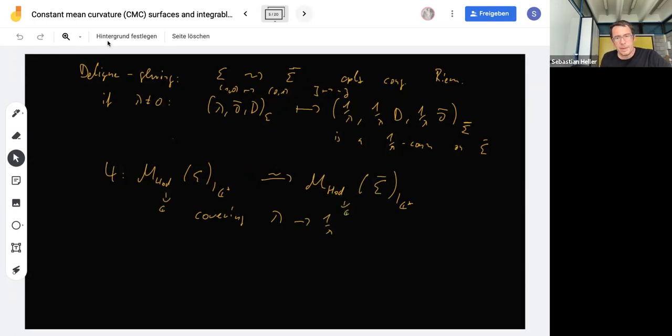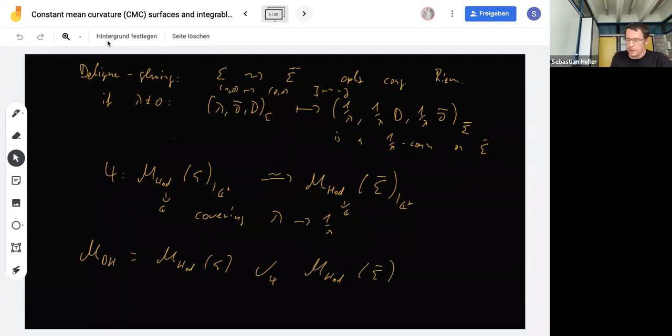So what we then can define is the Deligne-Hitchin moduli space, which is just the Hodge moduli space of sigma glued with respect to this map psi with the Hodge moduli space of sigma bar. And by construction, this admits a holomorphic map to CP1.